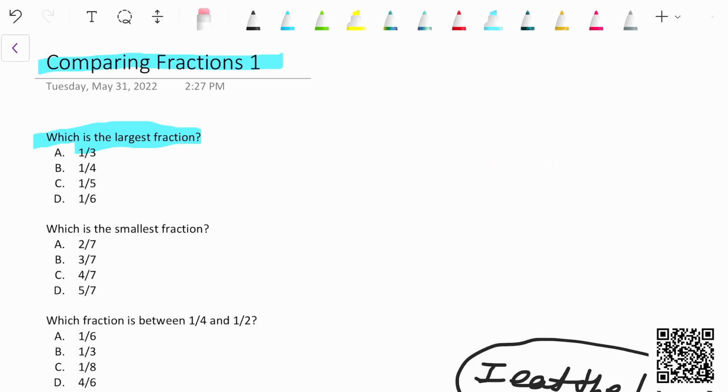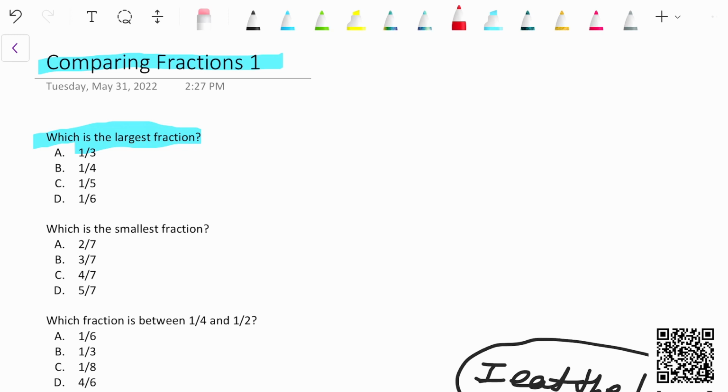With the bottom, 1/3 versus 1/2, 1/2 is bigger because its bottom is less. Let's say you split something into 3 pieces versus 2 pieces. Obviously, 2 pieces is more on each piece because it's split less.